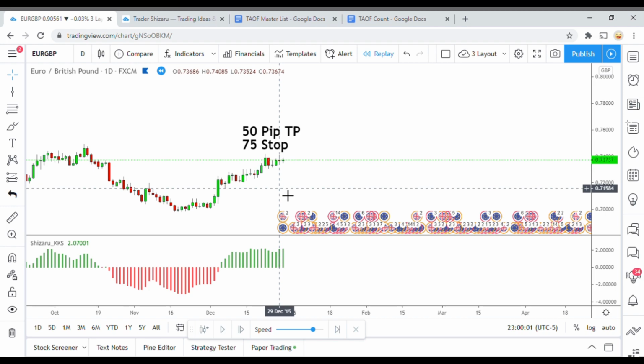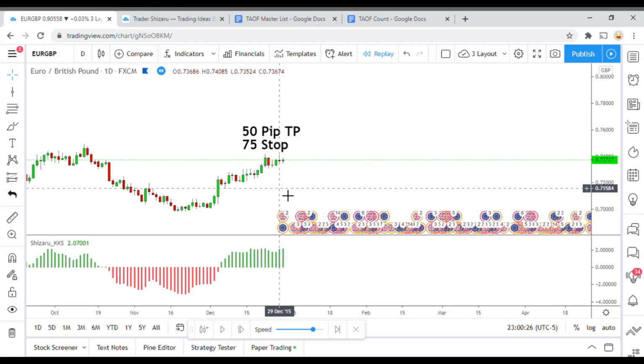And that is one reason why it is very imperative that you go into a demo account first, test your strategy, and then get an idea of whether or not it's going to maintain its profitability, and then move into a live account once you are sure that it can be profitable.